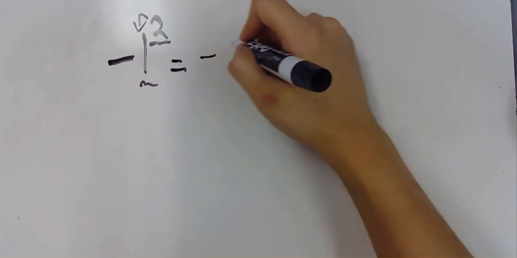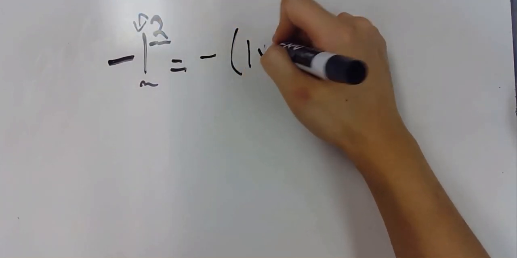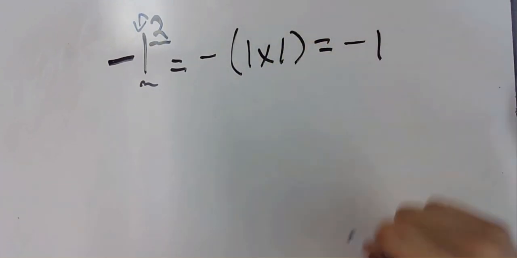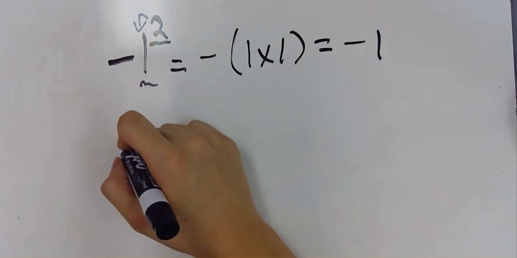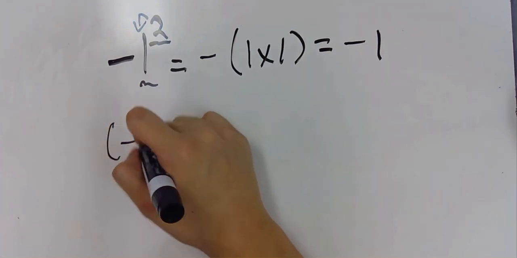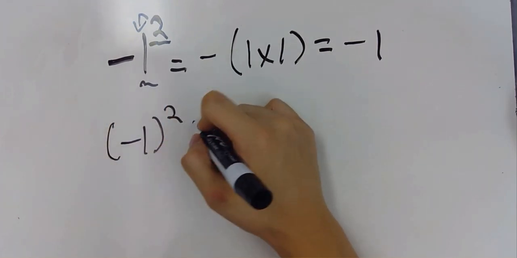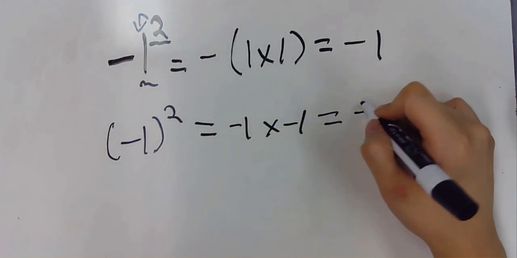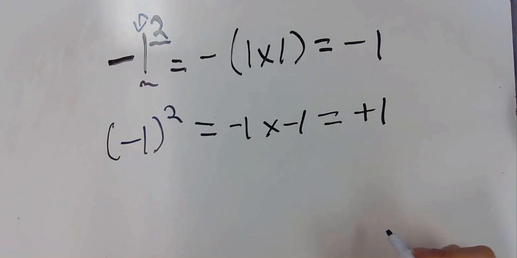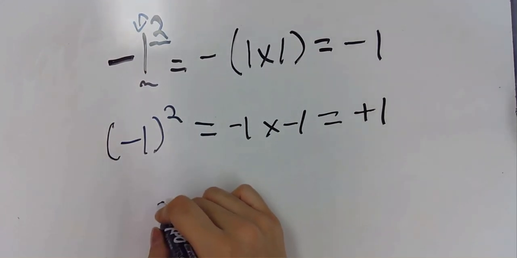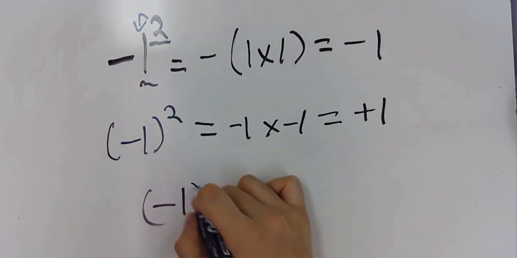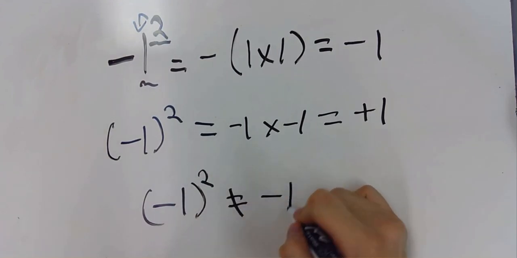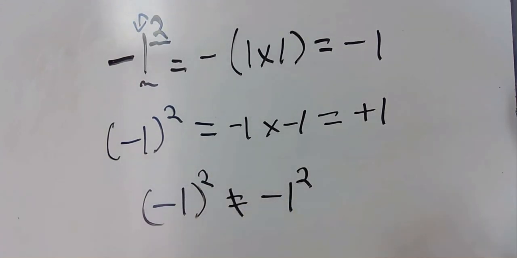So this is in fact negative times 1 times 1, which is actually negative 1. Which is vastly different from negative 1 in brackets to the power of 2, which is negative 1 times negative 1, which became positive 1. So one thing that I really want you to keep in mind is that negative 1 with a bracket squared is not the same as negative 1 to the power of 2 that does not have a bracket.